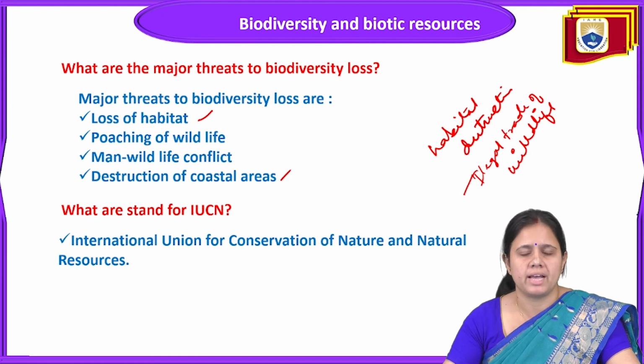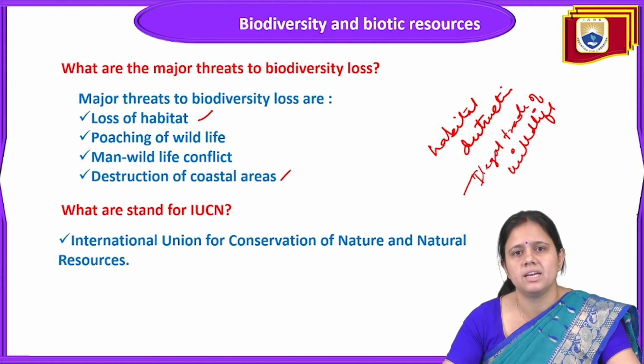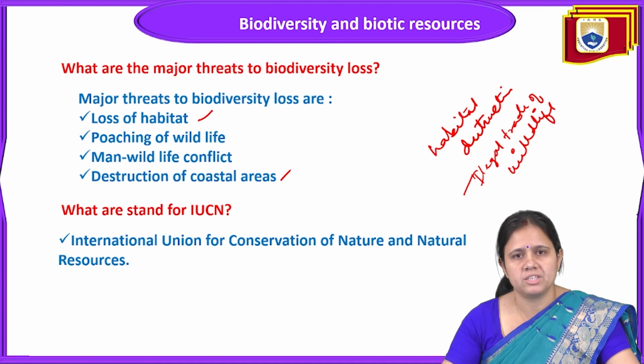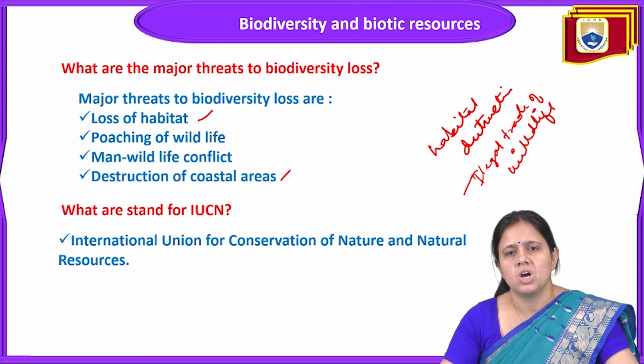As we already discussed, India has a very high richness and variation of biodiversity. Due to more variation, the threat of getting endangered, the threat of biodiversity loss, is also very high. The reasons for this biodiversity loss are first habitat loss, and then poaching of wildlife, hunting and illegal killing for the trade of wildlife.